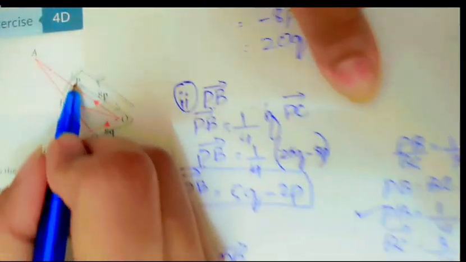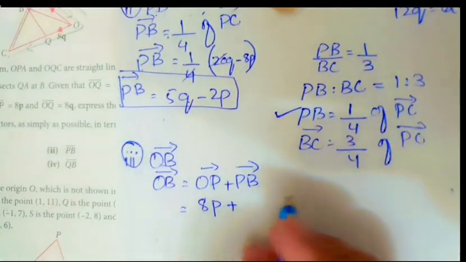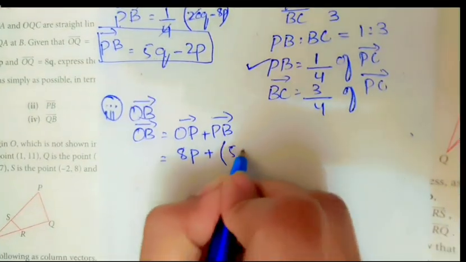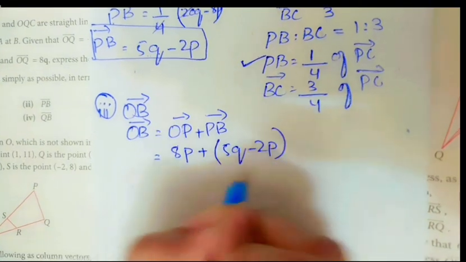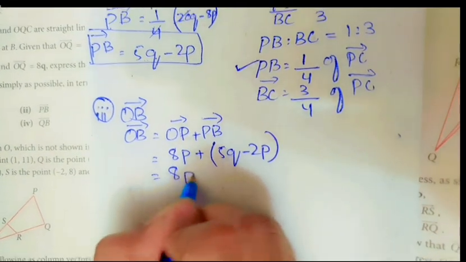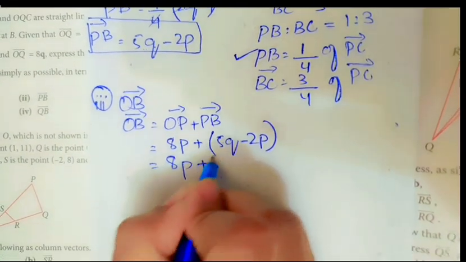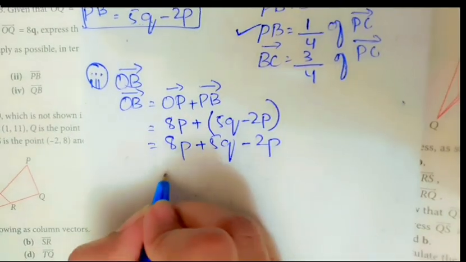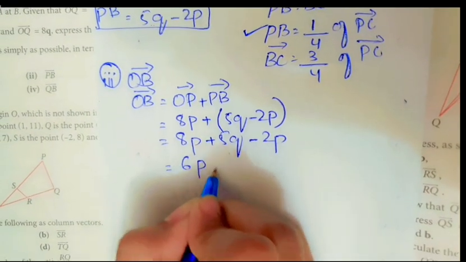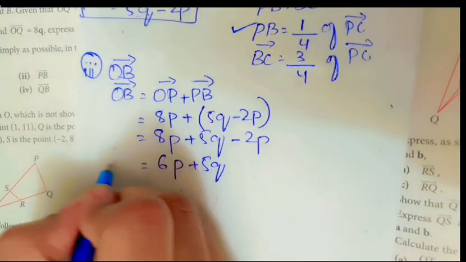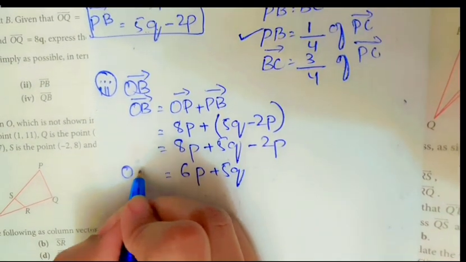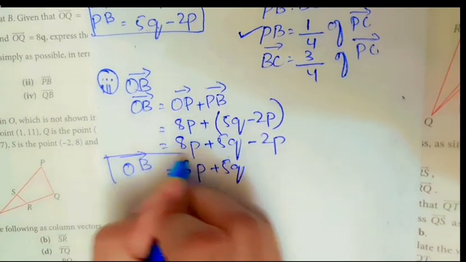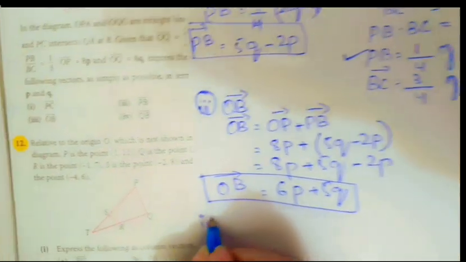OP is 8P. Very simple. And PB, what is the value of PB? We found it over here, 5Q minus 2P. So now you simply have to open the bracket, plus 5Q, plus minus is minus 2P, and if we subtract 8P minus 2P, it would be 6P plus 5Q. So this is the value of OB. This was part 3.